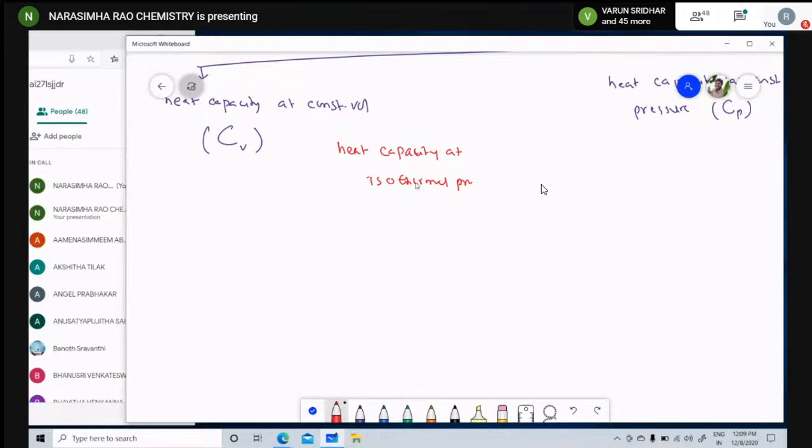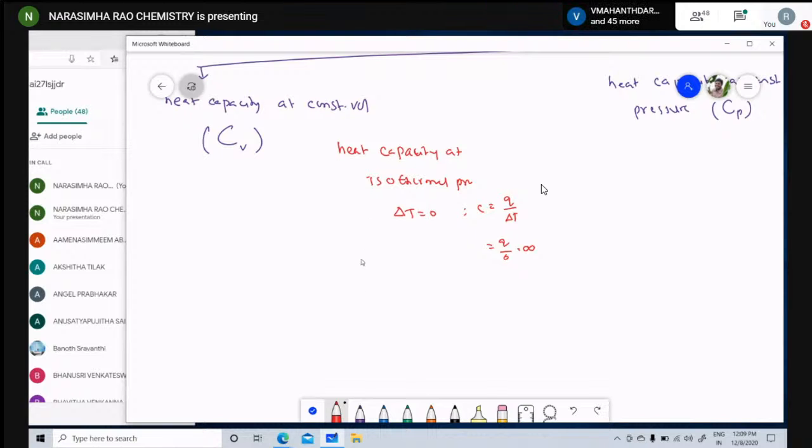Observe, children, in an isothermal process the change in temperature dT is equal to 0. Heat capacity C is equal to Q by delta T, so with delta T equal to 0, it goes to infinity.